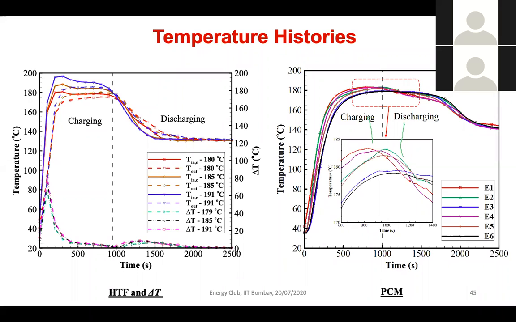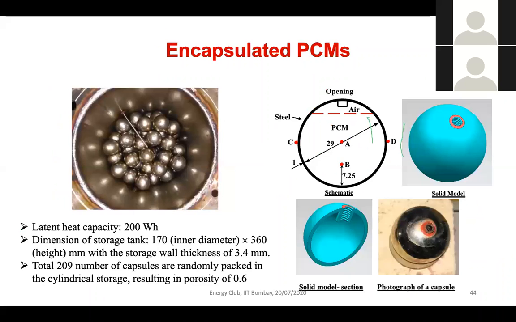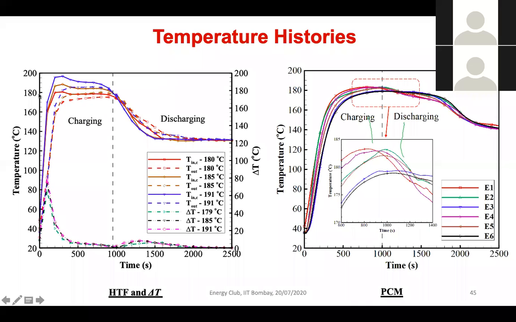So basically, if you see, we apply a step change across this thermal energy storage, something like 200 degrees centigrade during charging and 100 degrees centigrade during discharging. Now we try to figure out what is the outlet temperature from the thermal energy storage.